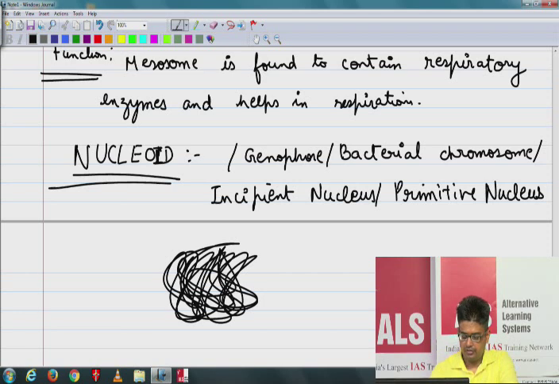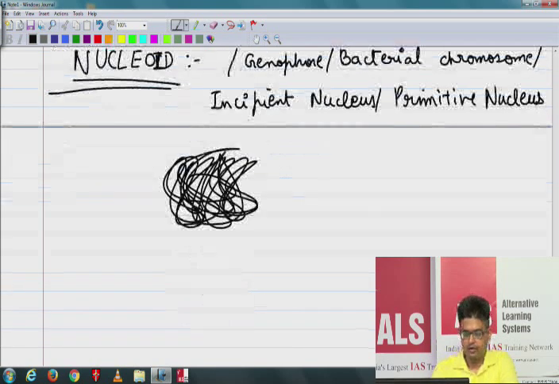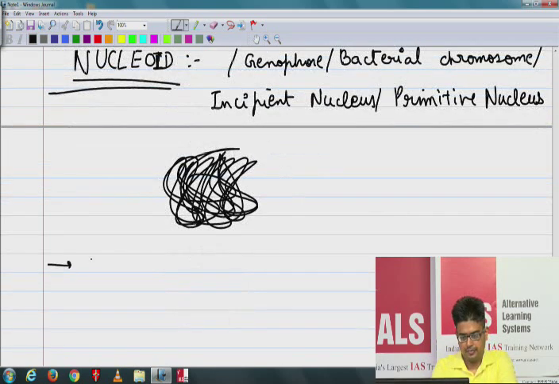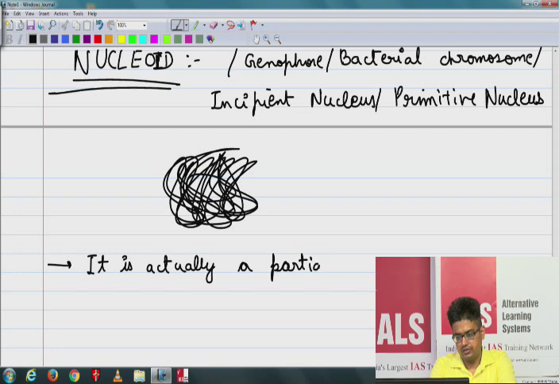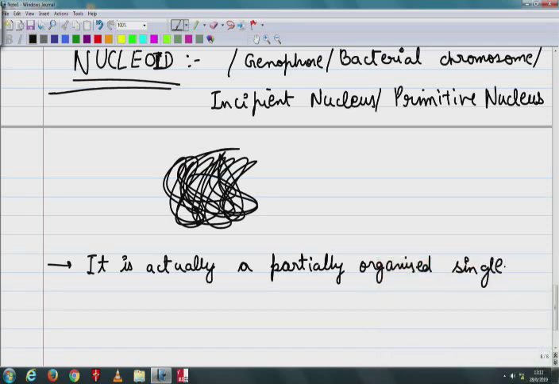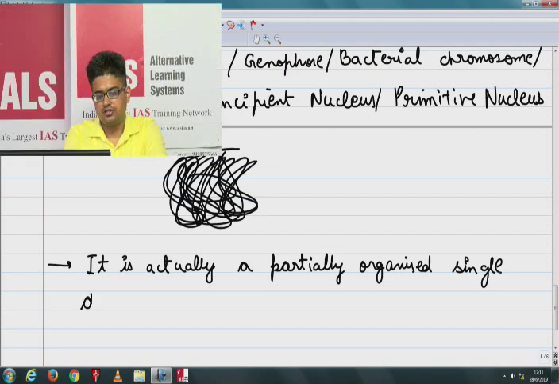So let me write about it. What is nucleoid? It is actually a partially organized, some people call it partially organized, some people call it unorganized, single double strand of DNA.